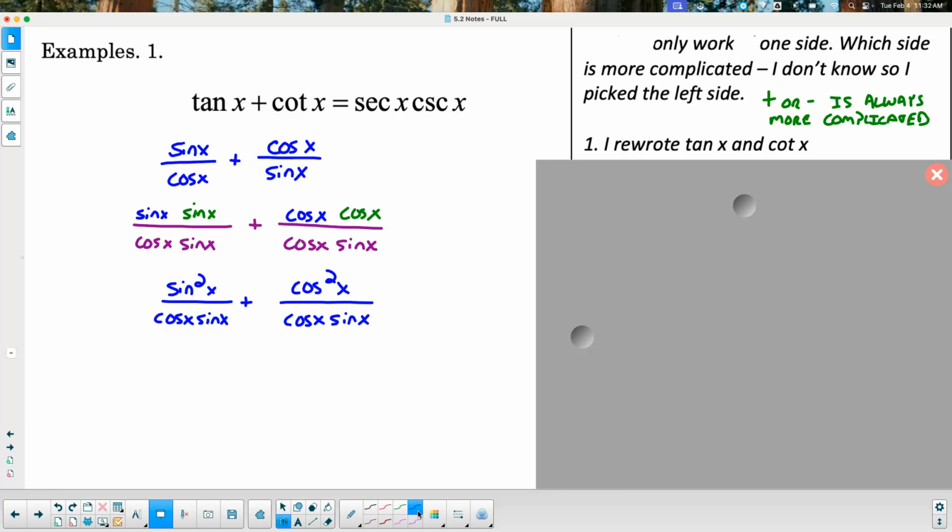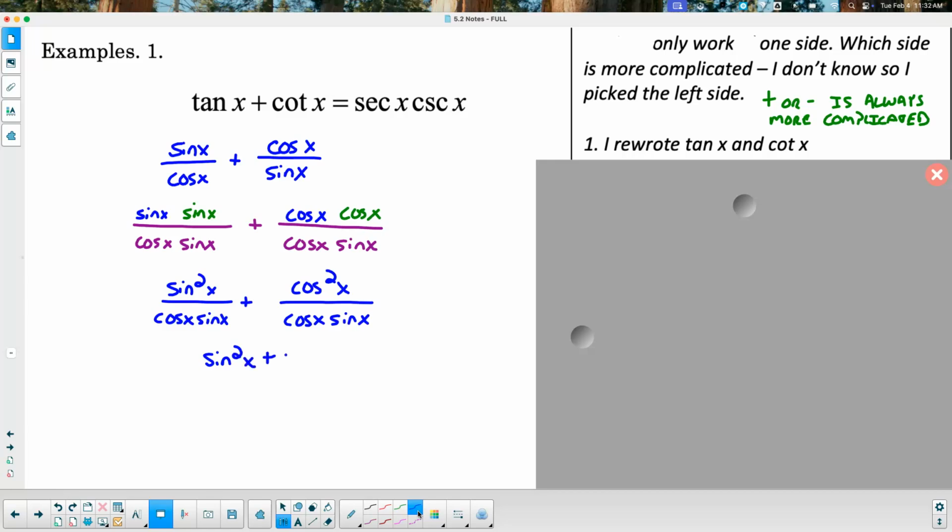Okay. Now what? That turns into 1 over... not yet. Would you simplify it then? You can't, because it's addition. Sine squared x plus cosine squared x. The next one.